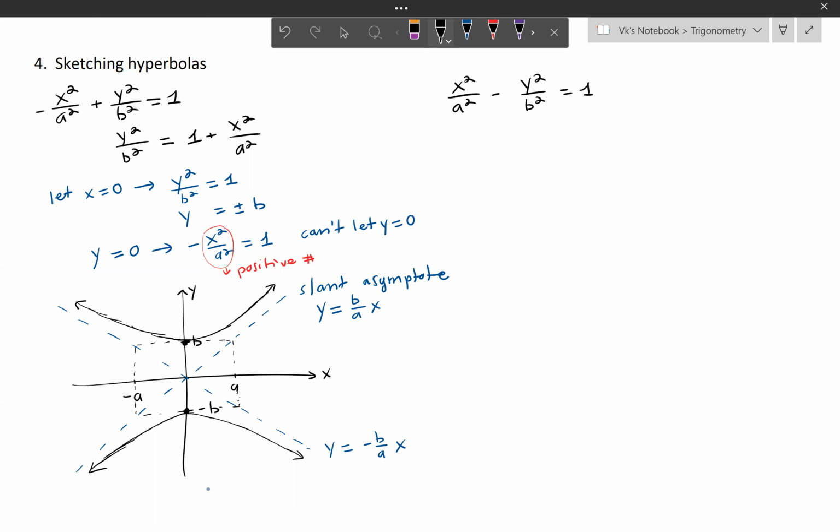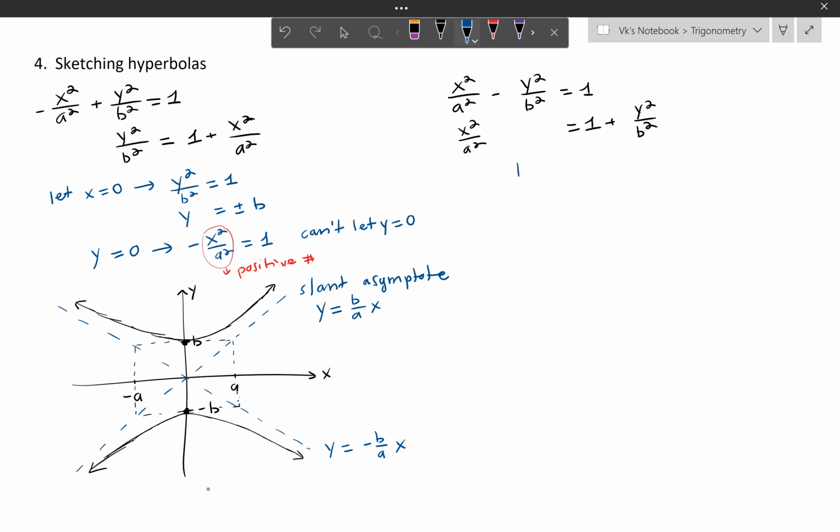Okay, in case we have x squared over a squared minus y squared over b squared equals 1, same thing. That is the same as saying x squared over a squared equals 1 plus y squared over b squared.